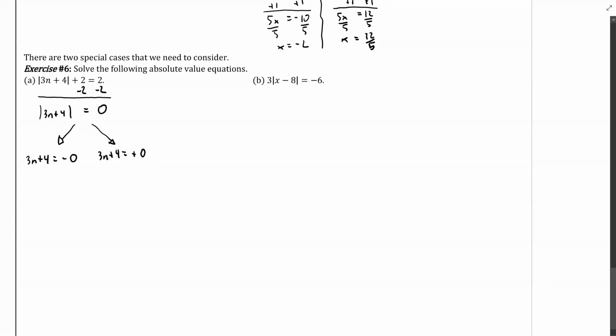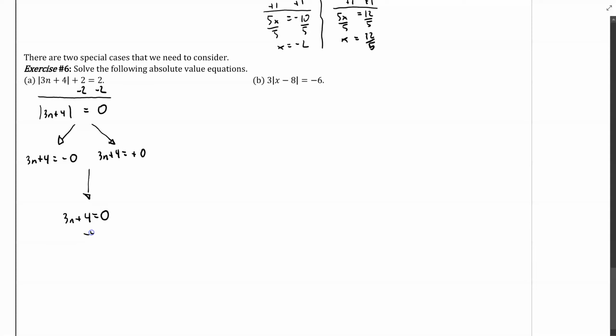But the thing is, this is kind of redundant, because negative 0 and positive 0 are really the same number. So the point of this example is to understand that while normally absolute value bars will have 2 answers, this is a special case, because when the absolute value is equal to 0, there's only one case, because negative and positive 0 are the same number.